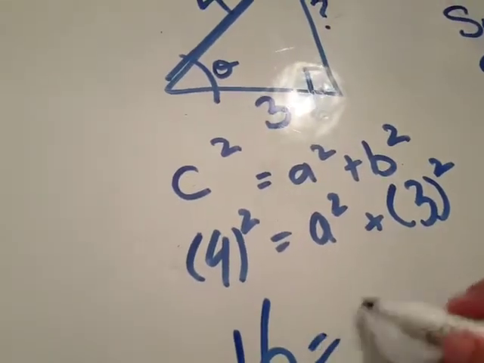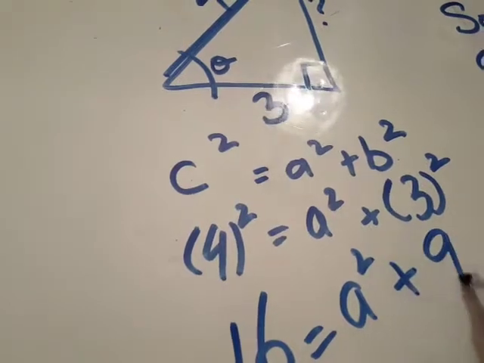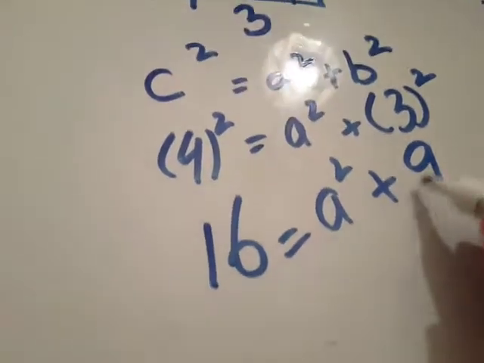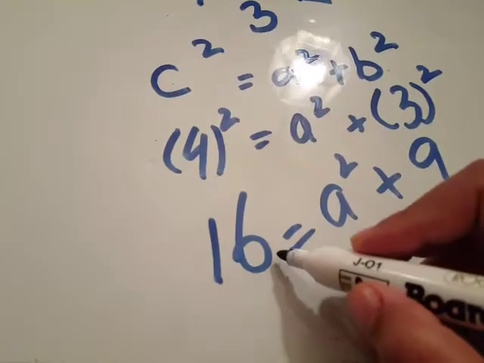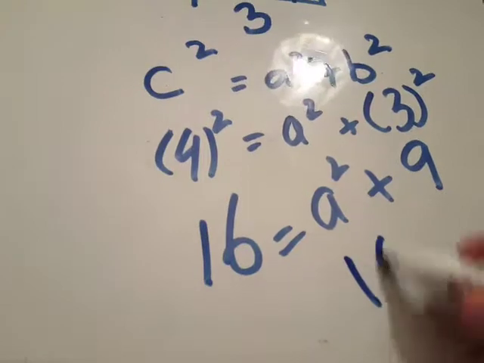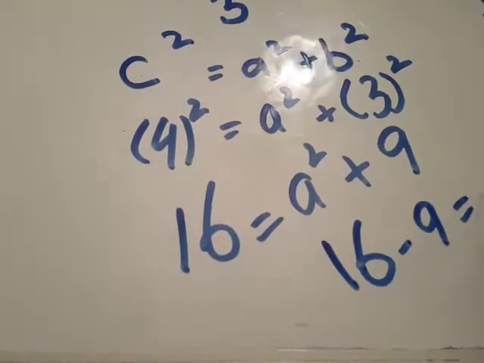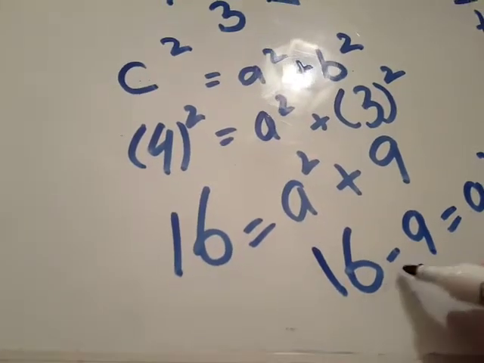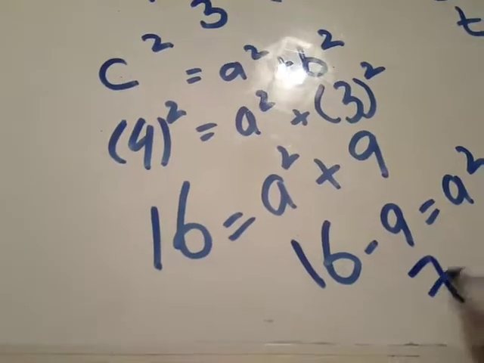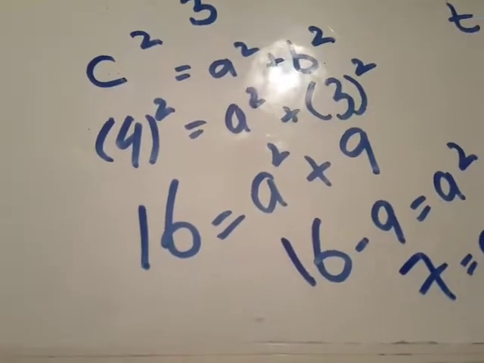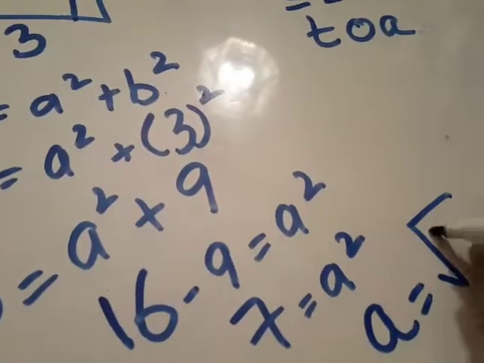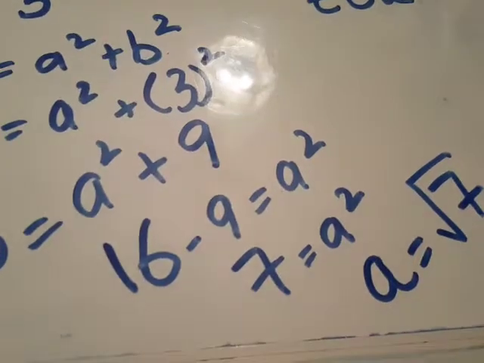So 16 equals a square plus 9. Since this 9 is being added here, if it goes to the opposite side of the equal sign, it will be minus. So I can write 16 minus 9 equals a square. 16 minus 9 is 7. So my a is equal to under root 7.